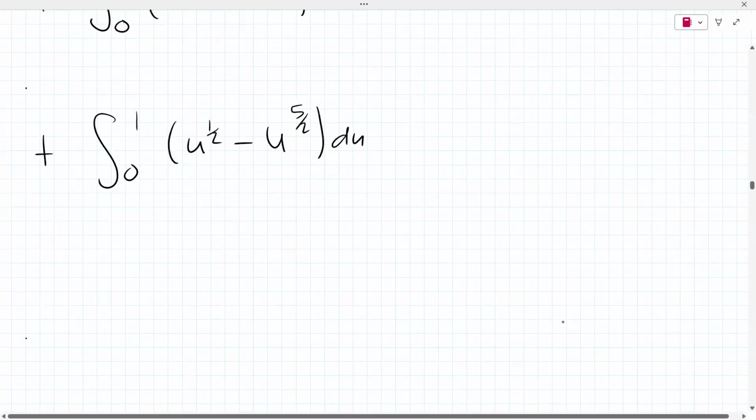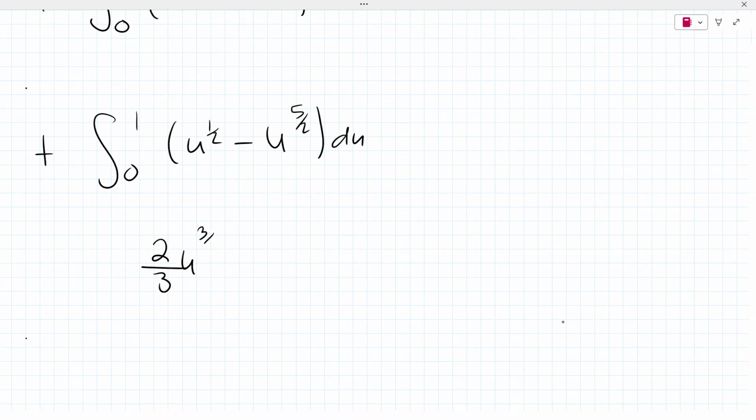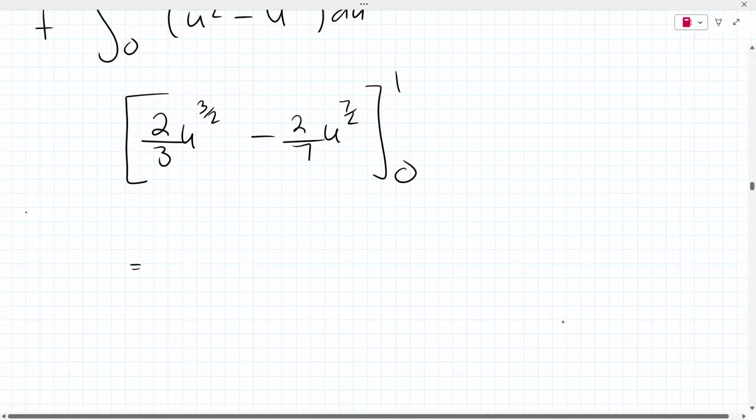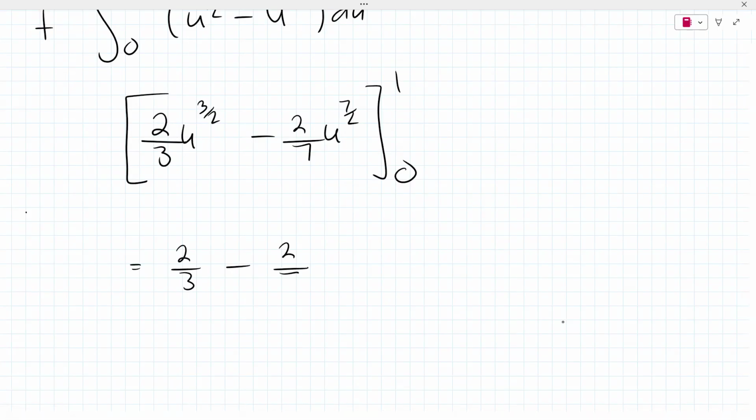So the integration of u to the 1/2 is 2/3 u to the 3/2. The integration of u to the 5/2 is negative 2/7 u to the 7/2. And then you just apply the upper and the lower. So the upper is 2/3 minus 2/7, minus, and if you replace your u with 0, it's 0.